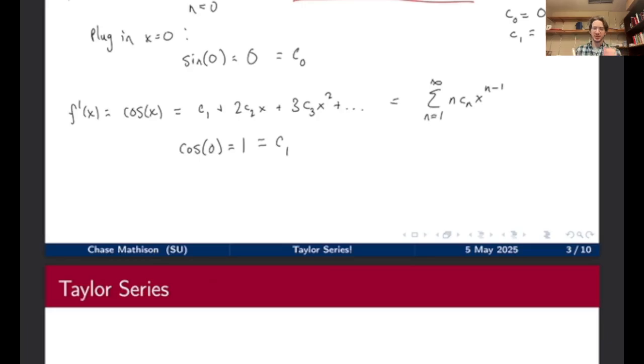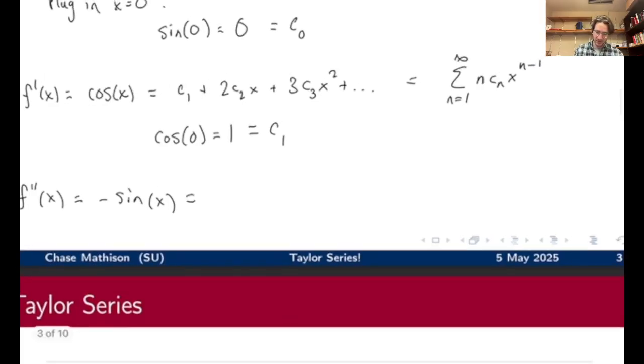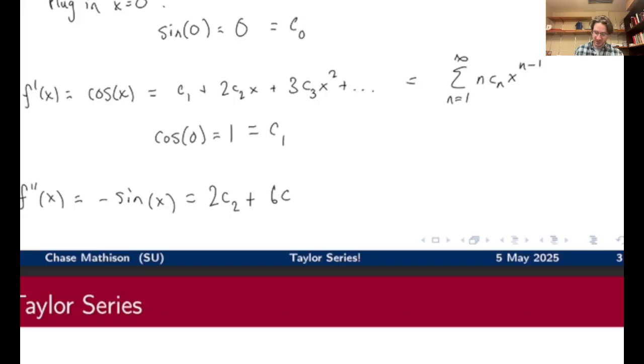Let's do the same idea. Take a derivative, plug in the center. Okay, so I'm going to take f double prime of x, which gives me negative sine of x, which is when I take the derivative of this thing now, or this thing, I'll actually do both. I get 2c2 plus 6c3x to the first plus, well, up here, the next term would be 4c4 x to the fourth, plus blah, blah, blah, right?